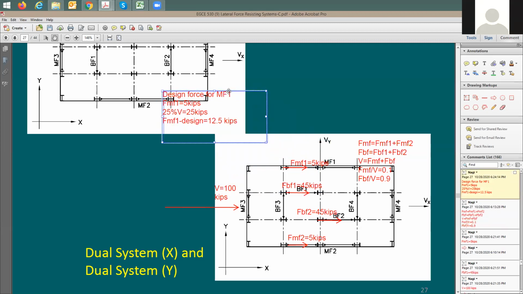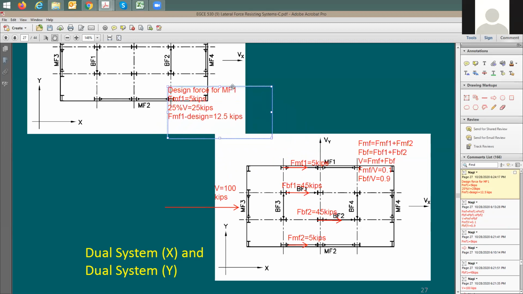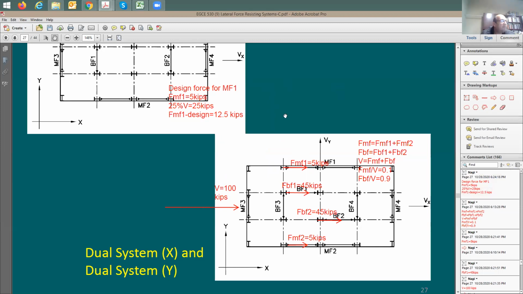Do you mind repeating it one more time, Professor? Yeah, absolutely. So what we have said here, each one of these moment frames would resist 5 kips, but we want both of them to resist at least 25% of the base shear. So this 25% of the base shear is for all moment frames, not just for one moment frame.